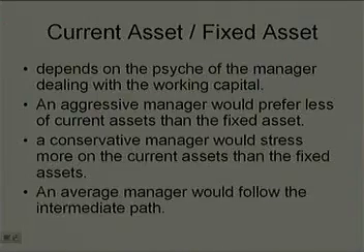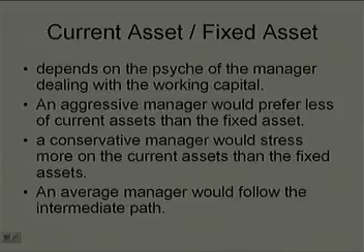Now, this again depends on the psyche of the manager dealing with the working capital. You will find that there could be three kinds of possible approaches. One could be the aggressive approach, another the conservative approach, and the third an average approach. So, you will find that an aggressive manager would prefer fewer current assets than fixed assets.